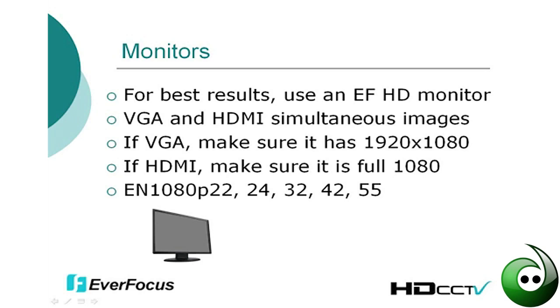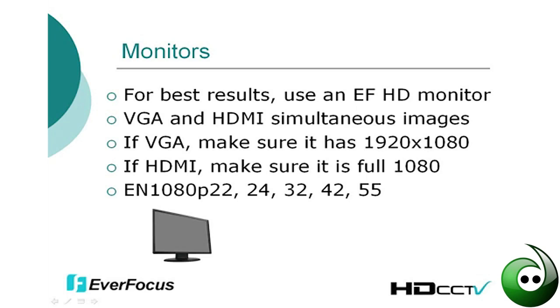Again, we have VGA and HDMI simultaneous images, so if you're using a VGA monitor, make sure it has a full 1920 by 1080 capability. If it's an HDMI, make sure it is a full 1080 resolution monitor. But still, not all 1080 monitors are created equal. The internal workings, the scaler within two different 1080 displays may provide a sharper picture on one than the other.